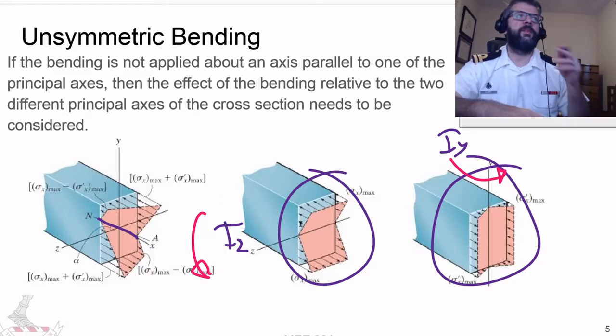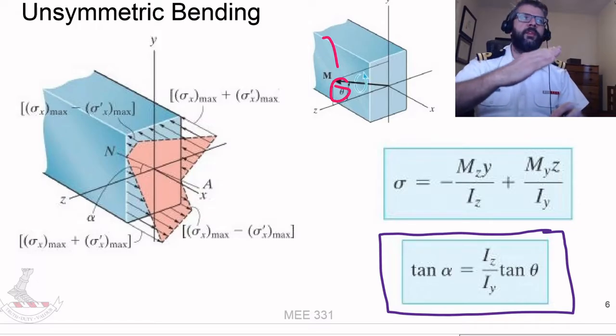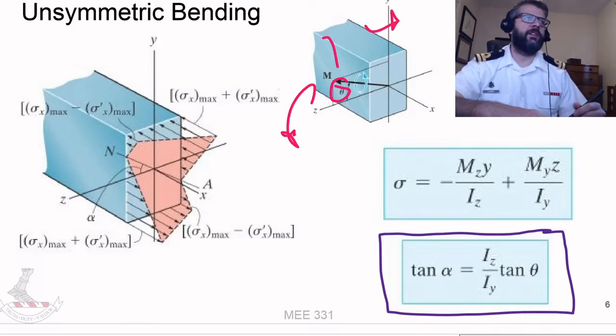We could define that as the ratio between those two, or we could just define that based upon this angle here. The angle theta there is basically a function of the ratio between the moment about the z-axis and the moment about the y-axis.